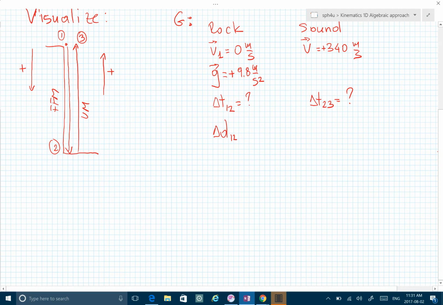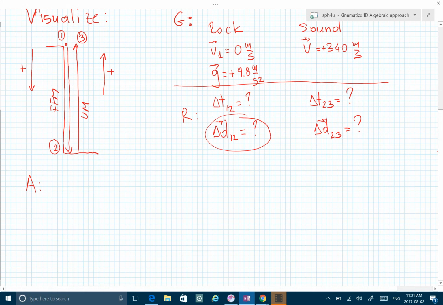We are also looking for delta d from 1 to 2, or delta d from 2 to 3, because they are technically the same. That's what is given to us and what we are required to find. Ultimately, we need to find that; everything else is an intermediate step.